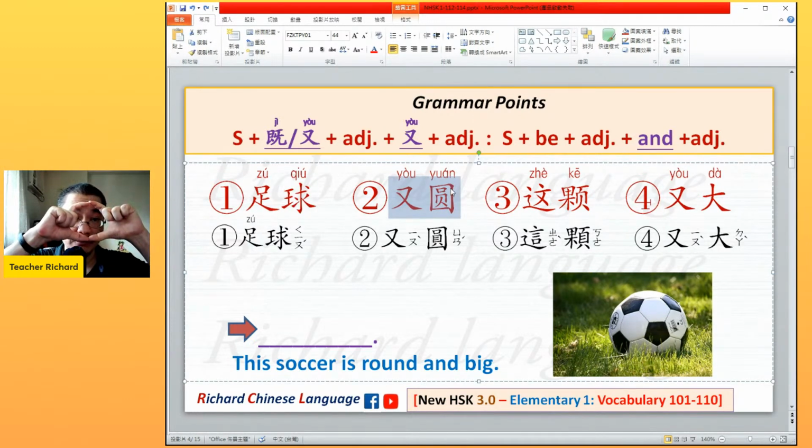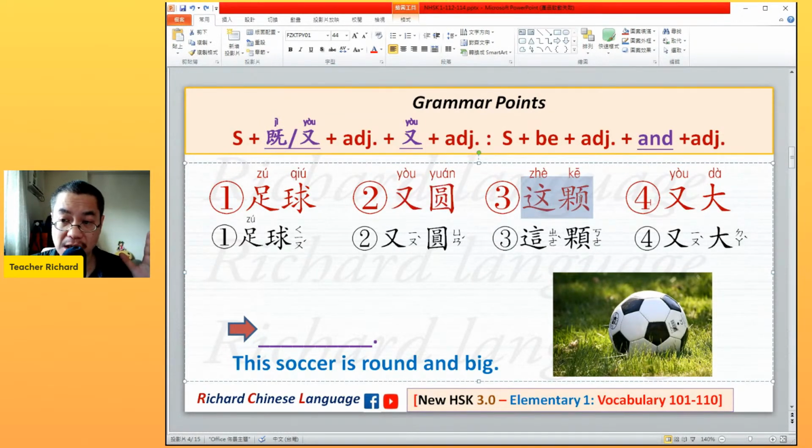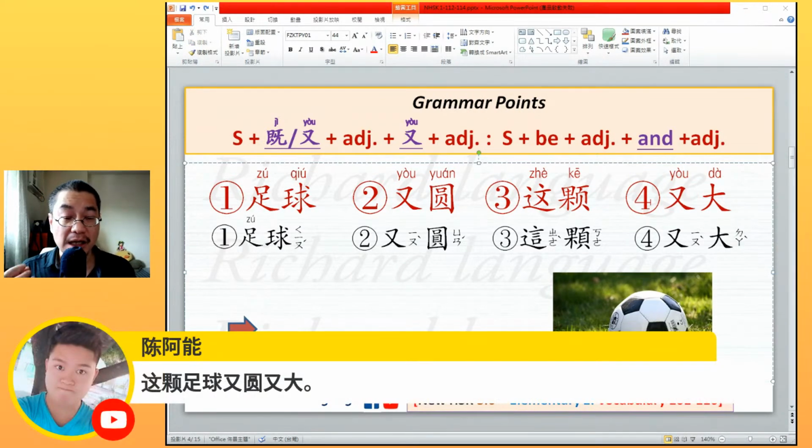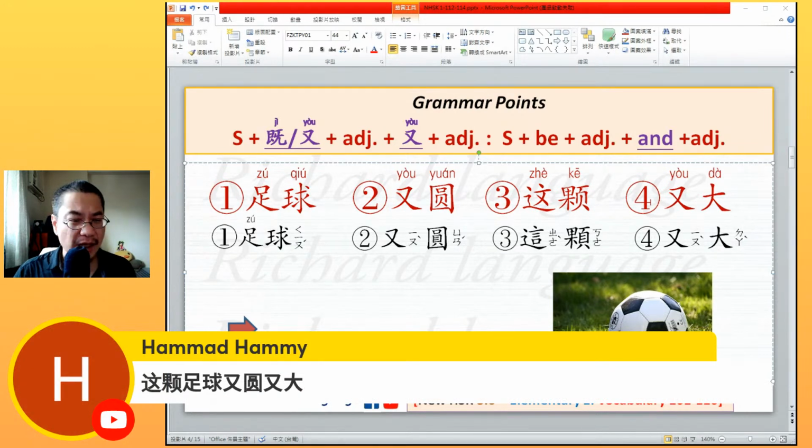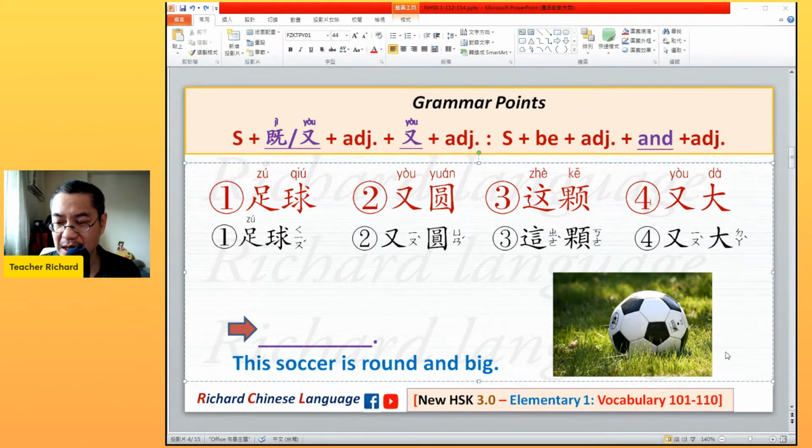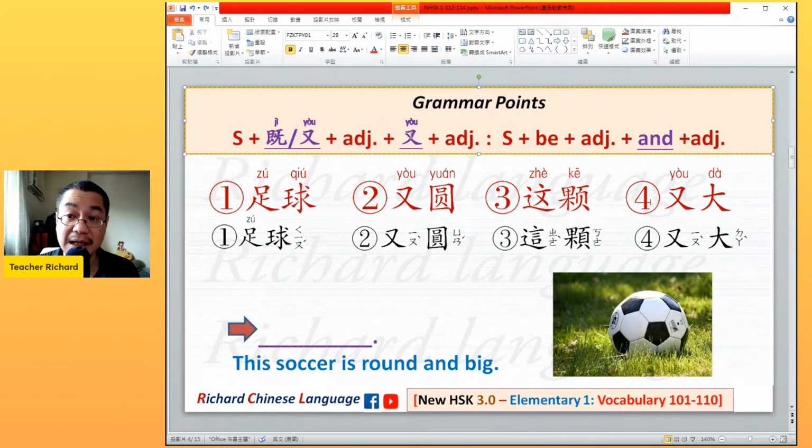这颗足球又圆又大. Very good. So we can use 又 adjective 又 adjective. This is a very important grammar point and it's for adjectives only.